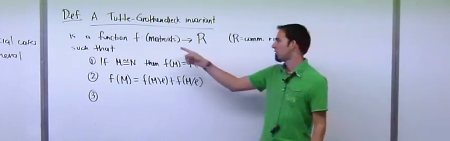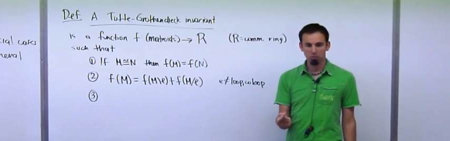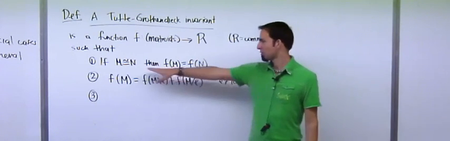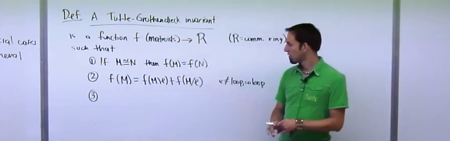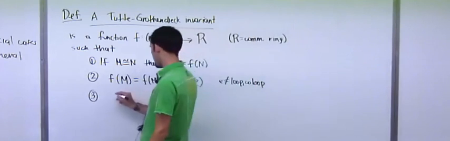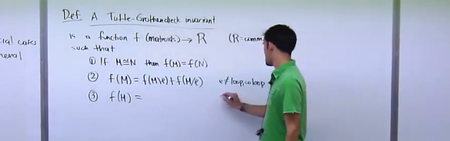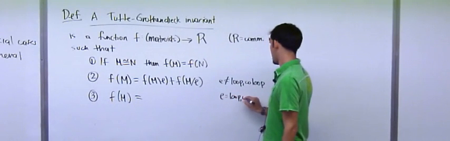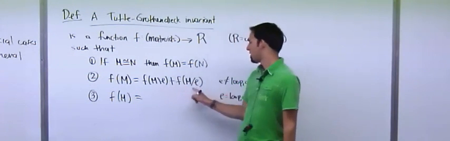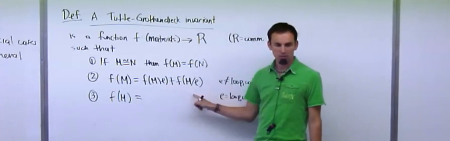Now the point is that a single loop is a matroid. I mean, there is a matroid consisting of a single loop. And so f of loop is a well-defined thing. And f of any loop is the same thing. And the same thing, f of a co-loop is a well-defined notion. And so if you want to delete a loop or a co-loop, then what you do is, remember we mentioned that if you delete a loop or a co-loop, then these guys are actually equal to each other, the deletion and the contraction.